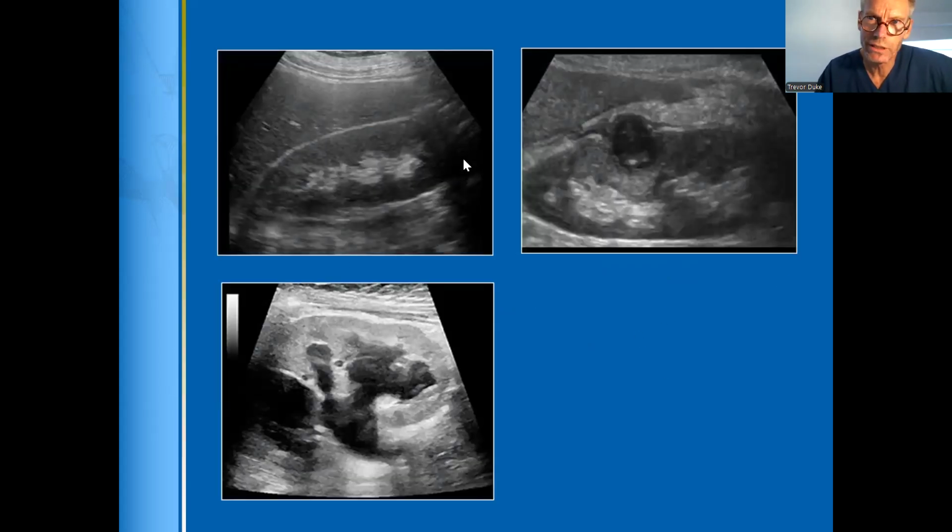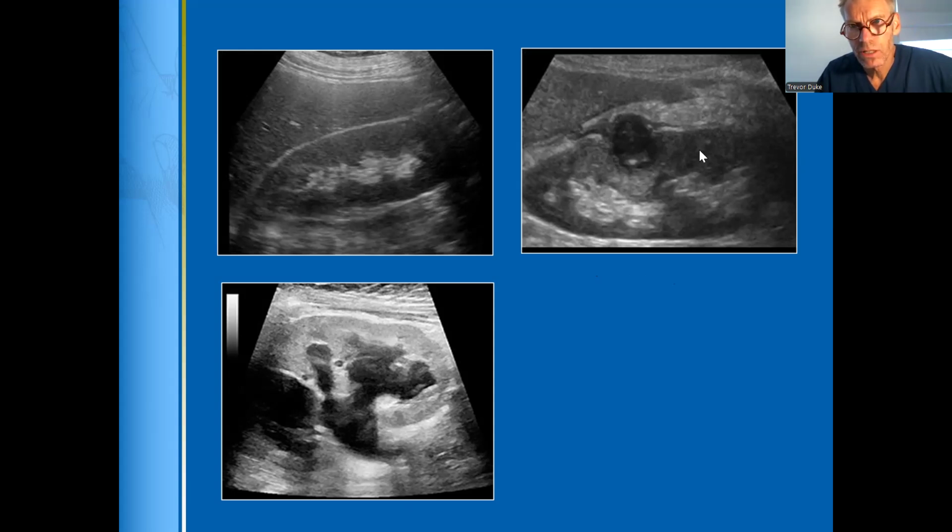This is a normal kidney, and it looks like a healthy kidney. It's not very swollen. This is the renal cortex, which is the outside of the kidney, and the renal pelvis. And this is a kidney that looks a bit more swollen, doesn't it? There's more black.